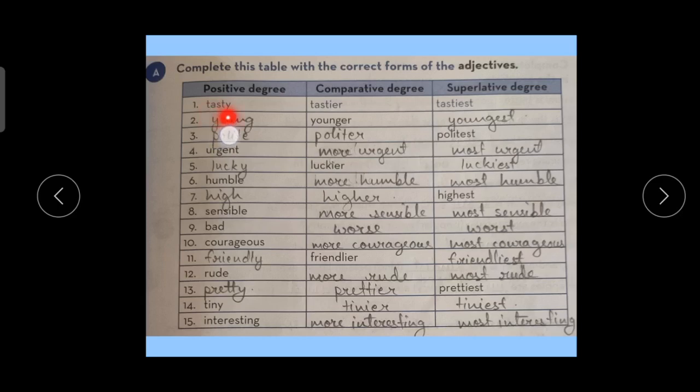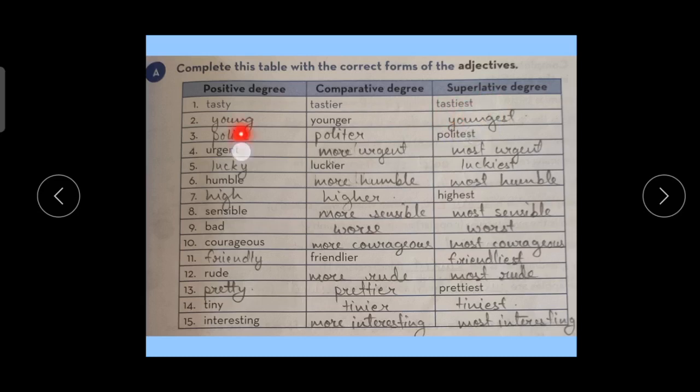It is the positive degree. To make the comparative degree, we have to remove Y and add IER. Superlative degree will be IEST. We will add IEST after removing Y from it. The word will become tastiest.